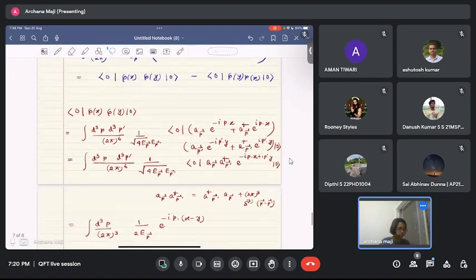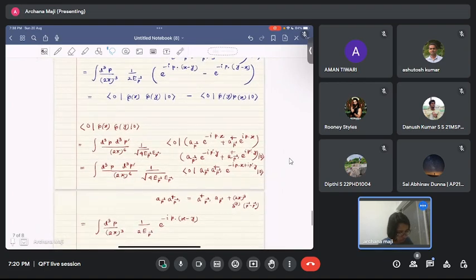So this is what I was saying, that this first term is nothing but the propagation amplitude. The interpretation is that a particle created at y is propagating to location x.